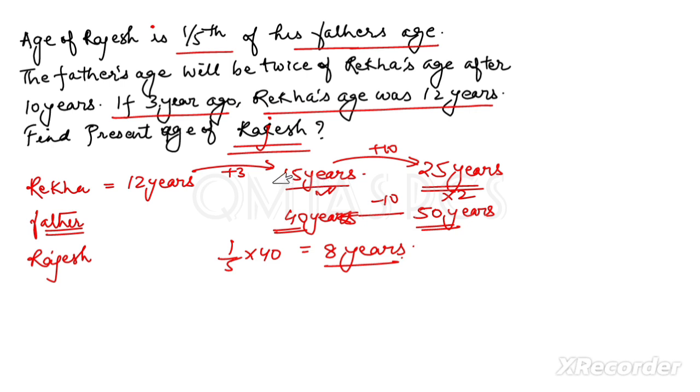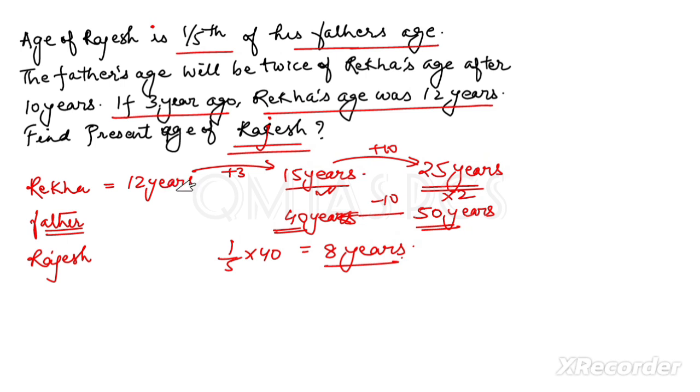Whenever this type of question is given, there is no hard and fast rule. Whenever you practice, you will get the idea of where you have to initiate. We know that whatever exact data is given, we always initiate from that. Here Rekha's data is given, so we initiate from this portion.